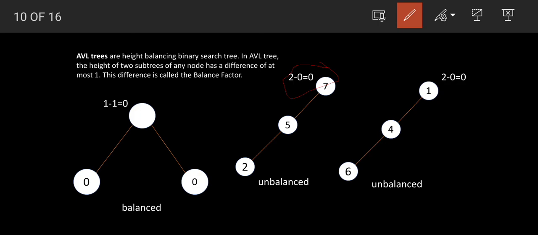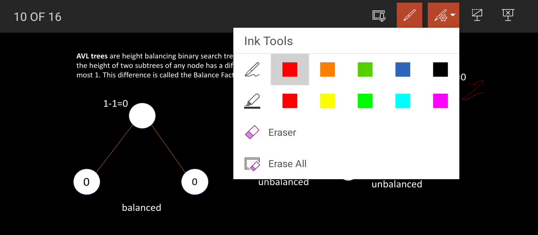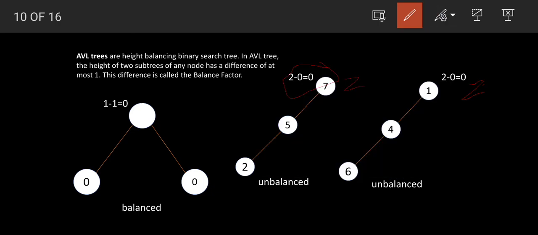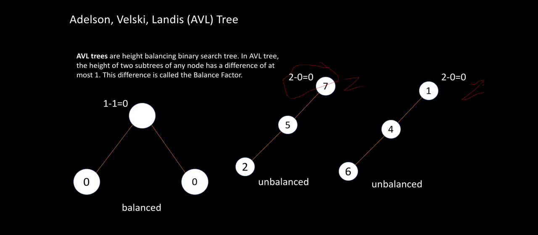It's supposed to be 2, not equal to 0. And also this one, 2. How can I write here? Oh my gosh. Oh, you get it? So these are not balanced because the balance factor is equal to 2.